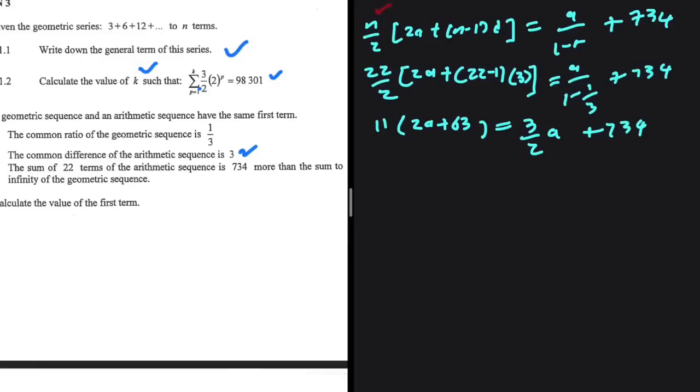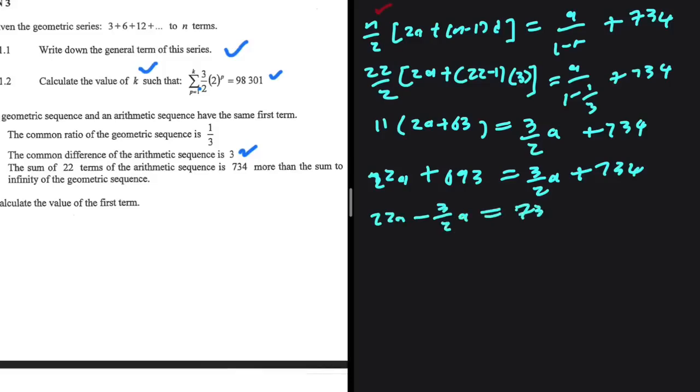734. Okay, let's multiply out on the left hand side. We're going to get 22a plus 63 multiplied by 11, that is 693, being equal to 3 divided by 2 a plus 734. Let's take the a's to the left hand side and the constants to the right hand side. So we have 22a minus 3 divided by 2 a being equal to 734 minus 693.